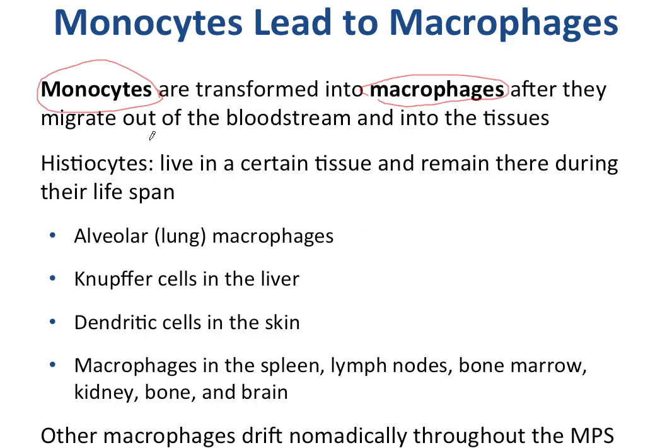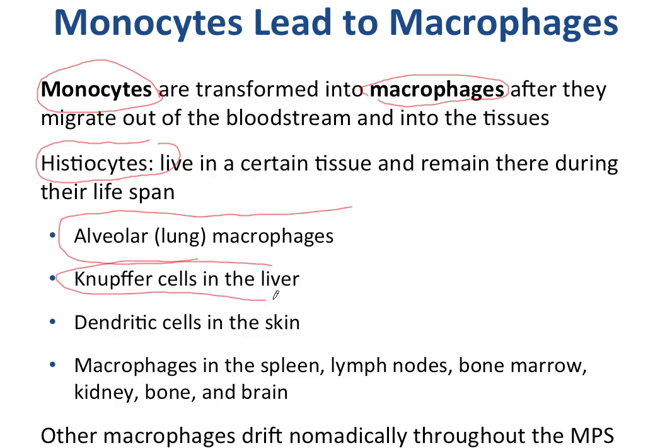If monocytes get into certain tissues and live there during their lifespan, they are called histiocytes. For example, alveolar macrophages, Kupffer cells in the liver, dendritic cells in the skin, and the macrophages in the spleen, lymph, and bone marrow.